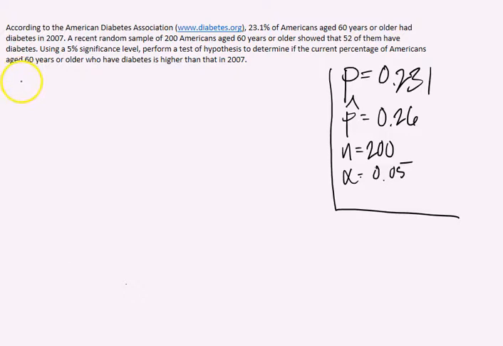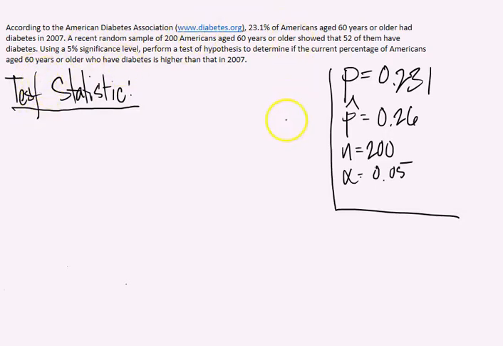Okay, the next thing we're going to look at is the test statistic. It is the z-score for our data value. Our data value here is that p-hat value, the value we're testing.